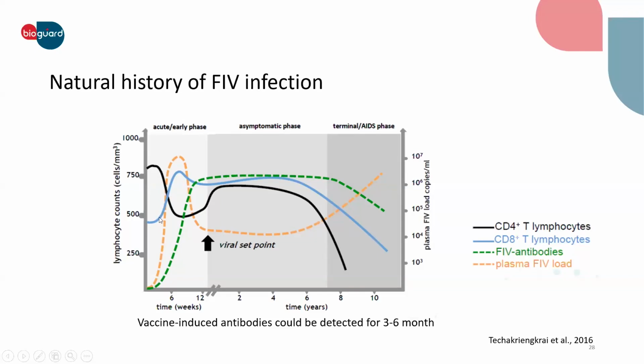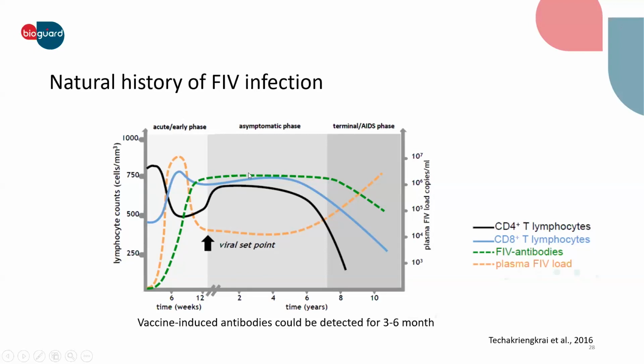And as the CD8 T cell and the antibody, the green line here, the antibody of FIV, increase, the FIV virus particles, the orange dot here, go from increasing to dropping. Once it drops to the lowest point, that's what we call the virus set point.